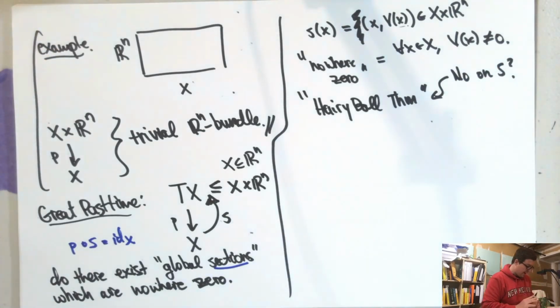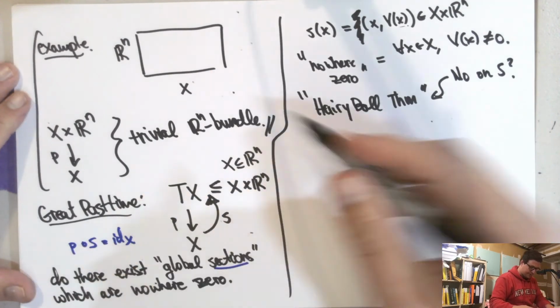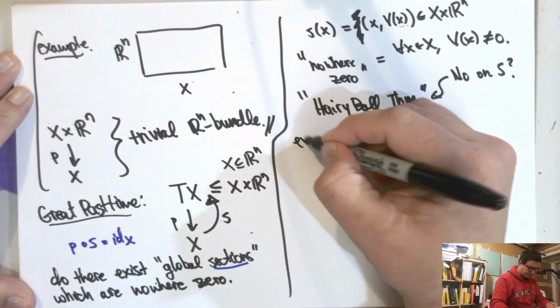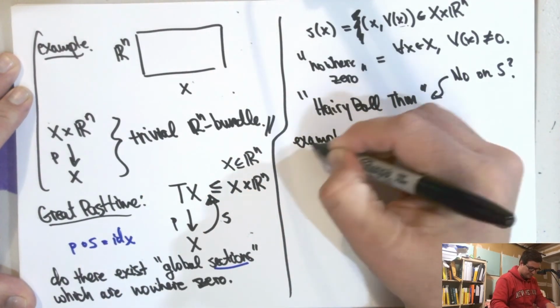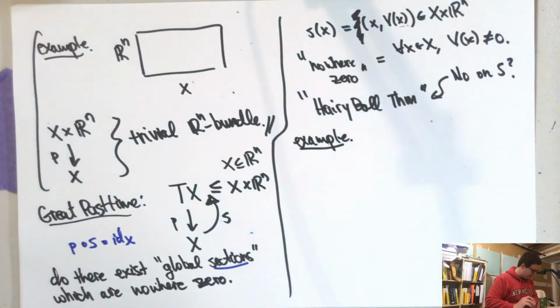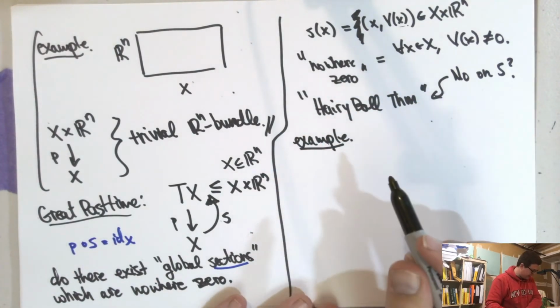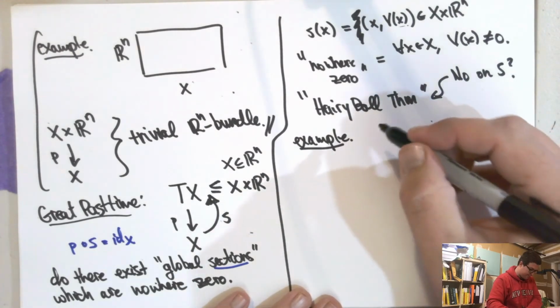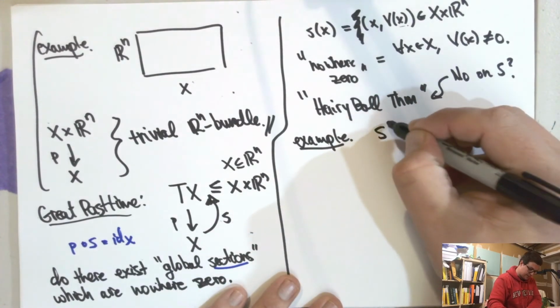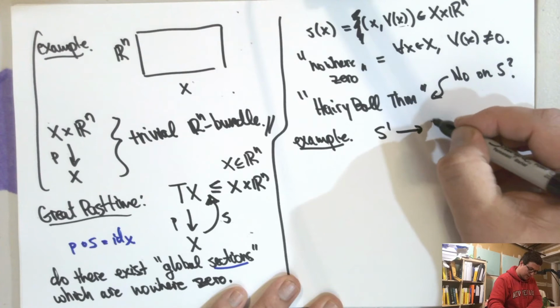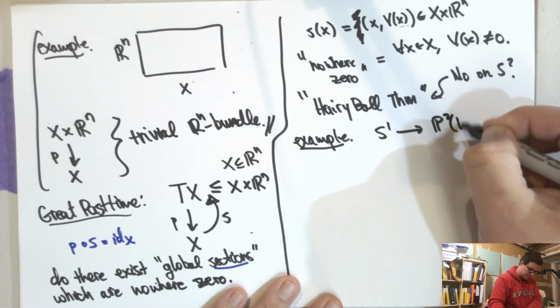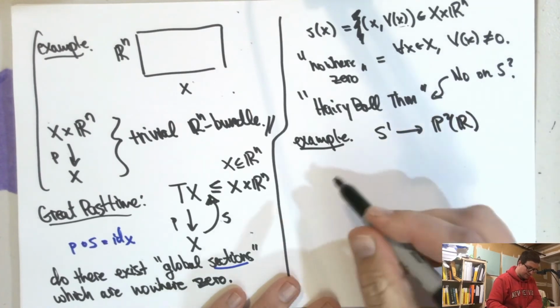Okay, so we have these bundles. Let's do another example. One thing we could do is say there's a map from S^1 to P^2 of R, just like we projected them.